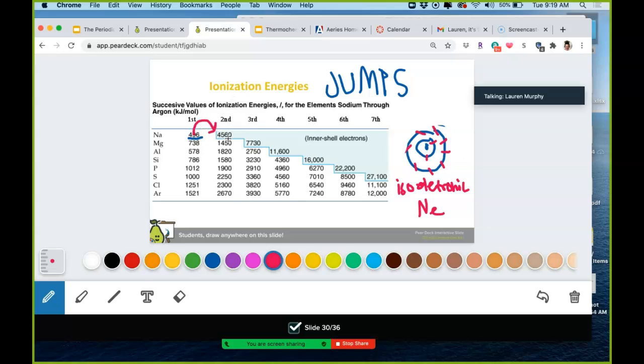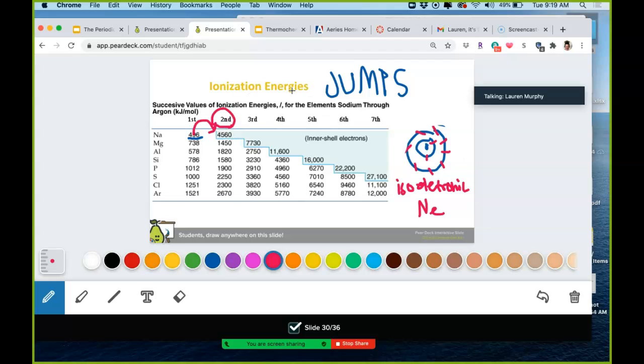Look at this, it is 10 times as much energy to try to take another electron, meaning sodium's cool giving you one electron, but it does not want to let you take a second electron. After it loses one, it's achieved stability. It does not want you to take any more. So if you try to take another electron, it will have a huge jump in ionization energy. Okay, it will take a ton more energy.